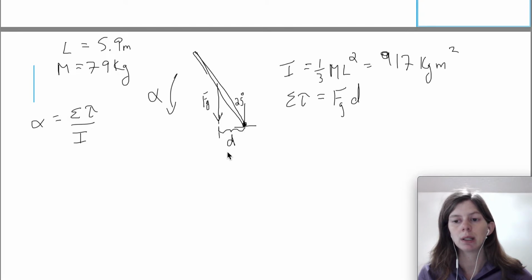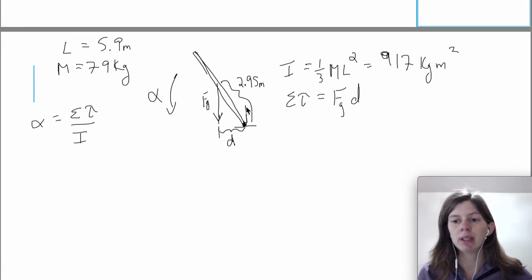That's our d. Now we have the length of the rod, and we said that the weight acts halfway. So that means that this distance right here is going to be half of 5.9, which is 2.95 meters.